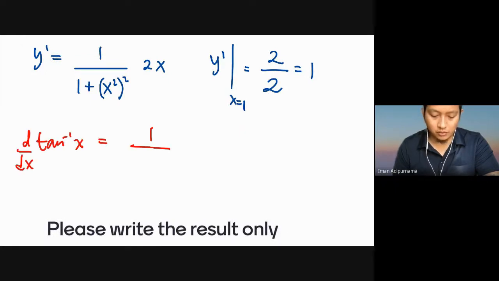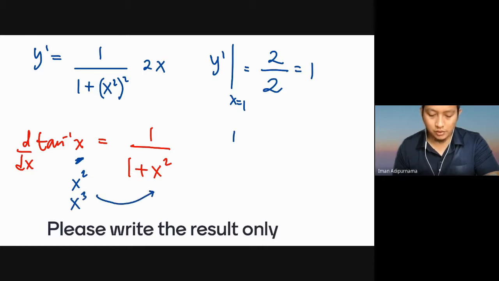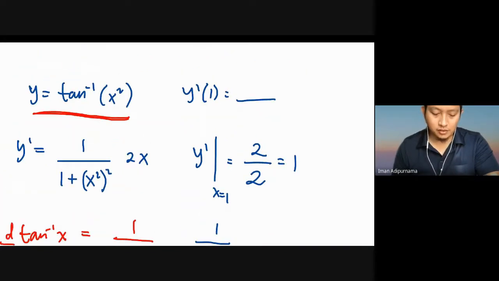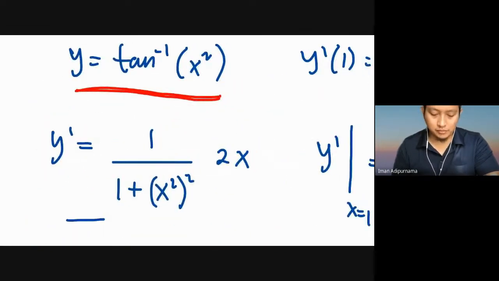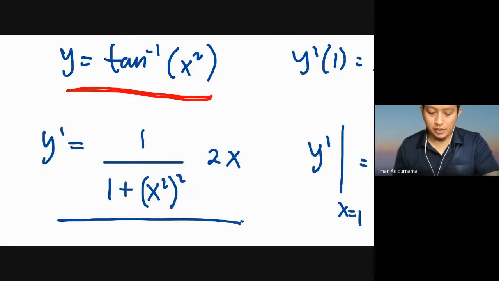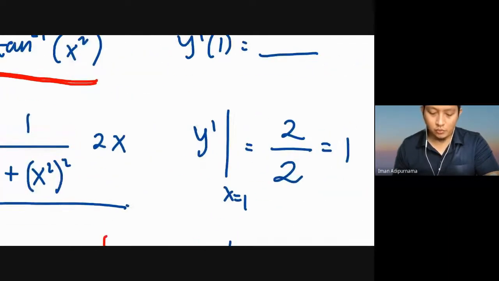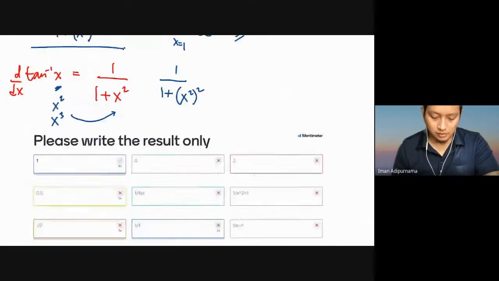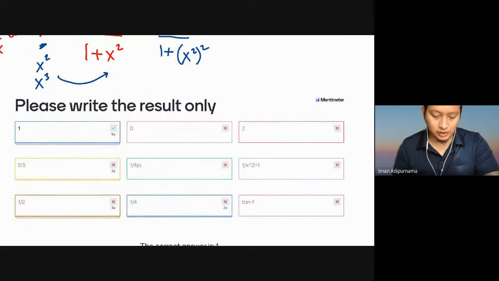When you change the x with x squared or x cubed, you will have 1 plus x squared squared. So you have this y prime. Then y prime at x equal 1, we just plug in 1. Most of you got the correct answer.